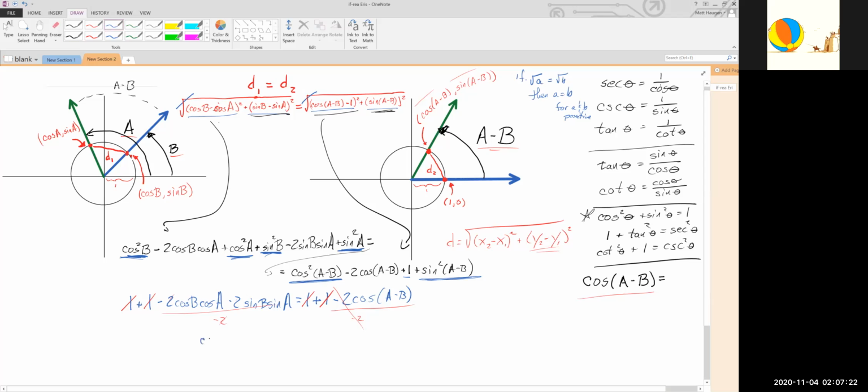We will be left with the cosine B cosine A, now that we cancel those -2's, plus sine B sine A is equal to, those ones went away with those ones, the -2's canceled out, so it just equals the cosine of A minus B. And that was our goal. We wanted something that equaled the cosine of A minus B.